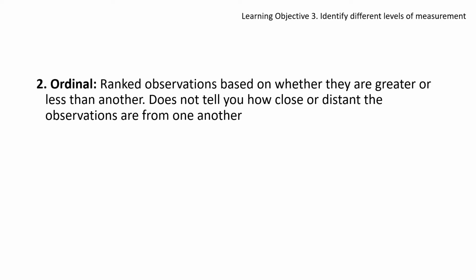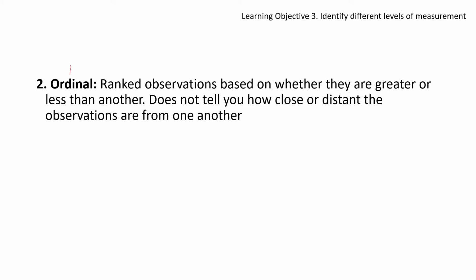The next variable is the ordinal variable. Now, with ordinal variable, we've taken a step further than nominal. And with ordinal variable, the numbers now mean something, whereas with nominal, they didn't mean anything. So with ordinal variables, what matters is the order the numbers are in.